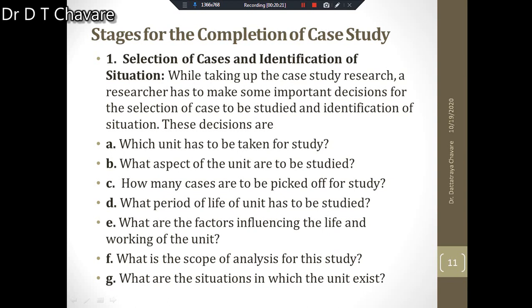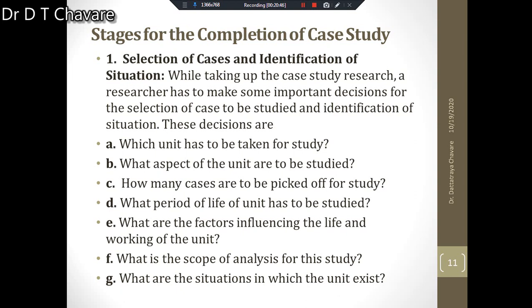The first stage I have mentioned here is selection of cases and identification of situation. While taking up case study research, a researcher has to make some important decisions for the selection of the case to be studied and identification of situation. These decisions are: Which unit has to be taken for study?